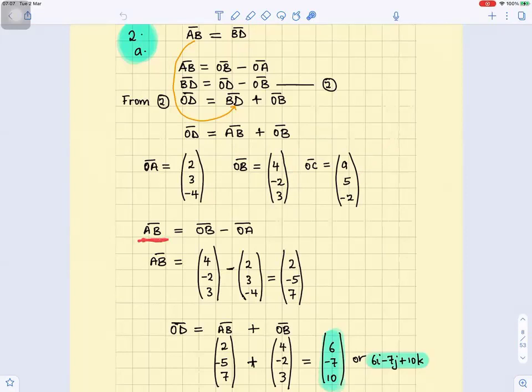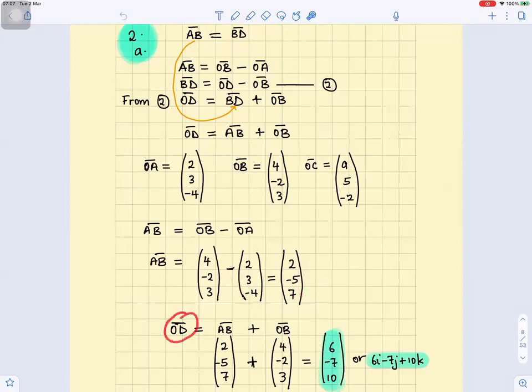Now AB is OB minus OA, the second letter minus the first. So to get AB, that's OB and OA. So 4 minus 2, it gives you 2. Minus 2 minus 3, it gives you minus 5. And 3 minus minus 4, it gives you 7.